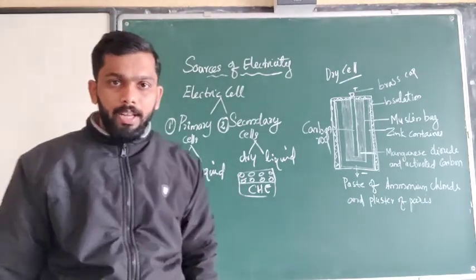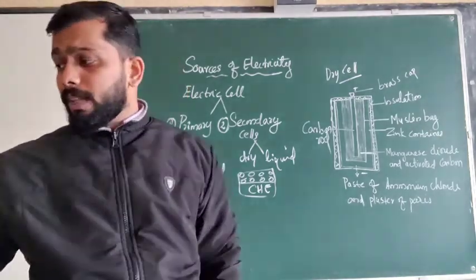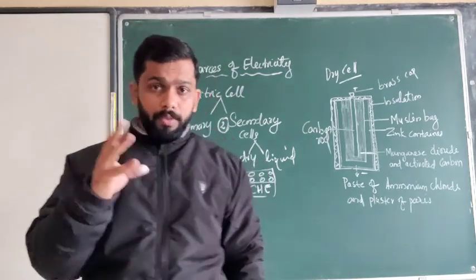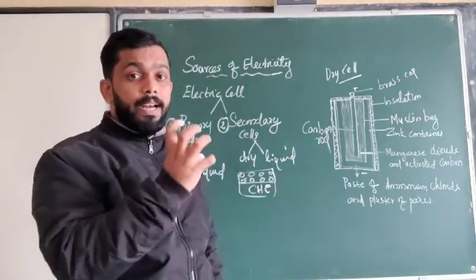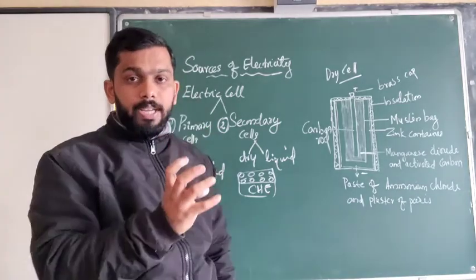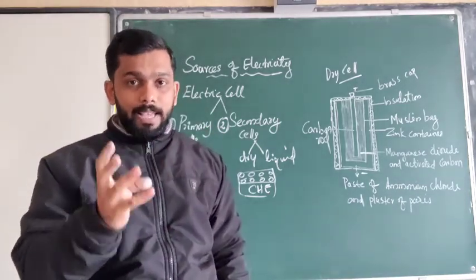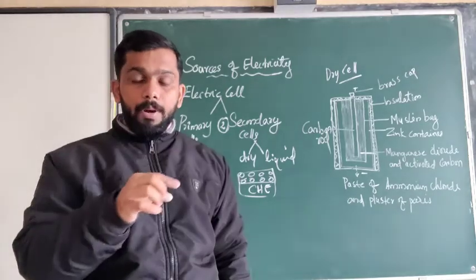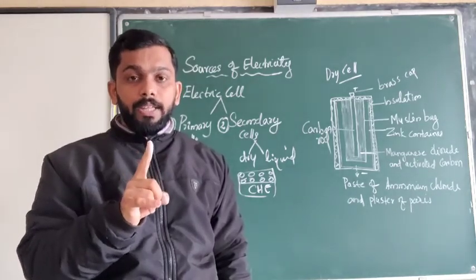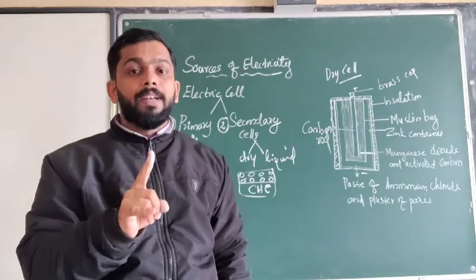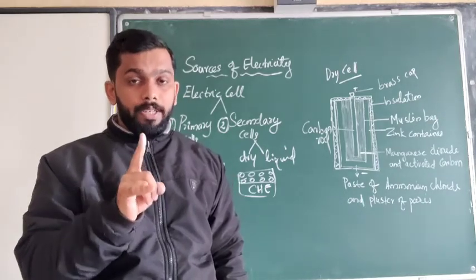So what is a dry cell? A cell which acts as a source of electricity, and in a dry cell we know that it is situated in a zinc container. At the center of the zinc container there will be a carbon rod with a brass cap, and around the carbon rod there is a muslin bag filled with manganese dioxide and activated carbon.